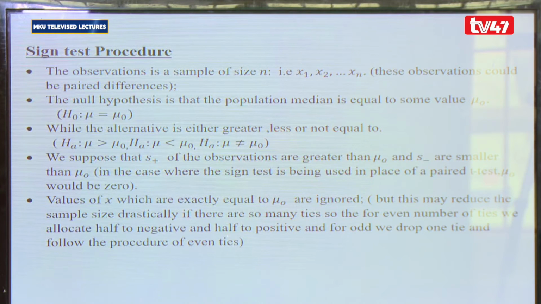Sign test procedure. The observations we have are a sample of n observations, which we denote x1, x2, up to xn, and these observations could be paired observations or differences.